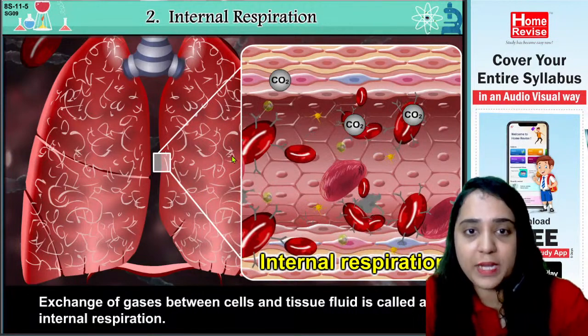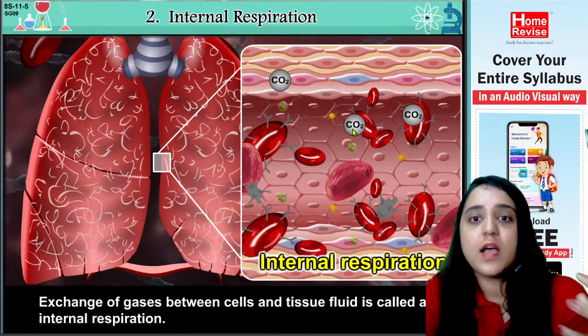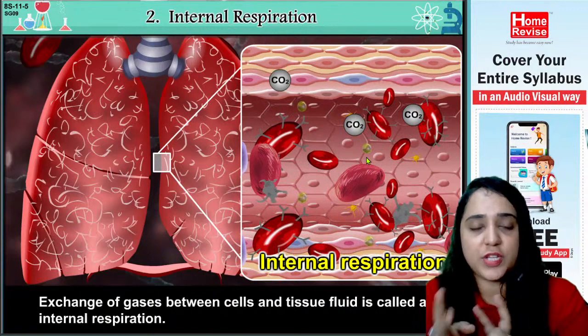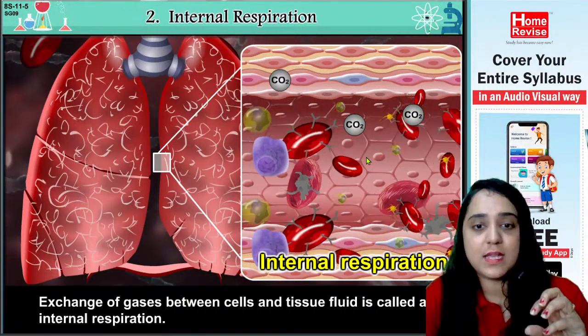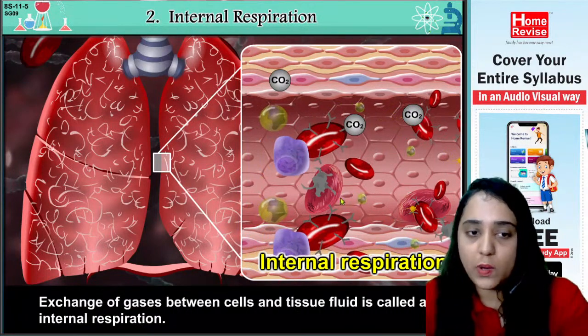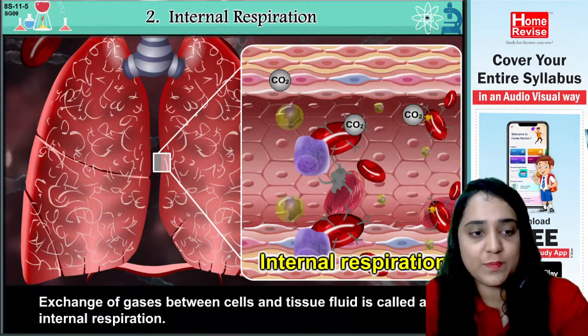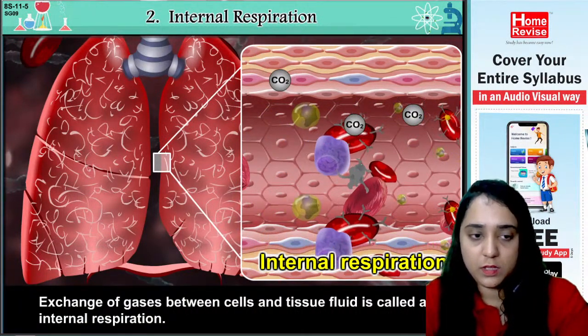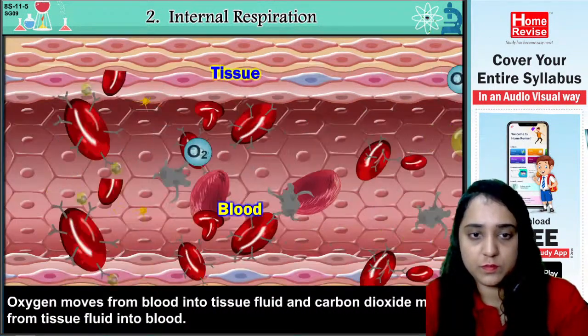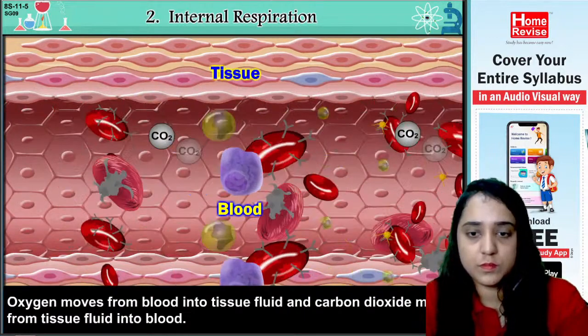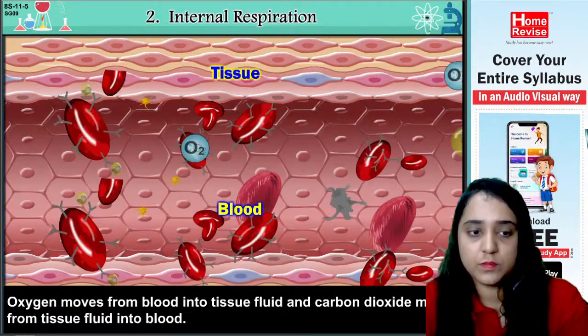I again repeat, this exchange of gases, carbon dioxide and oxygen, where does it take place? It takes place between the cells and the tissue fluids. It is called the internal respiration. Oxygen moves from blood into tissue fluid, and carbon dioxide moves from tissue fluid into blood.